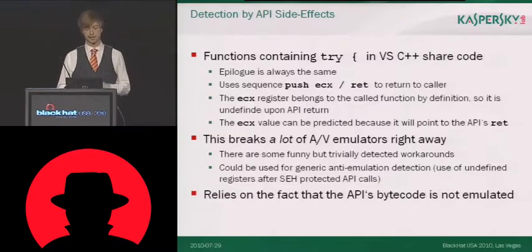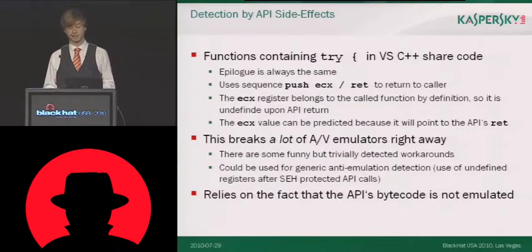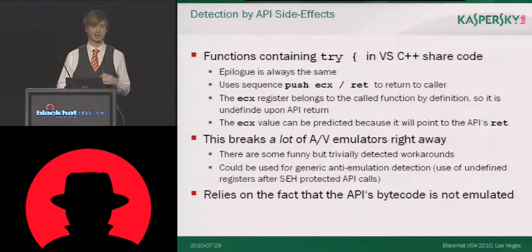You will always find the address of the end of the protected function inside the ECX register. This address can be predicted, for example, by looking at the code in memory and scanning for return instructions or something like this.